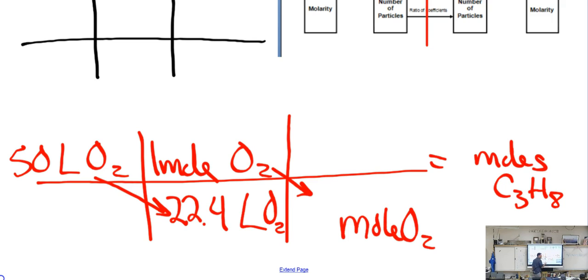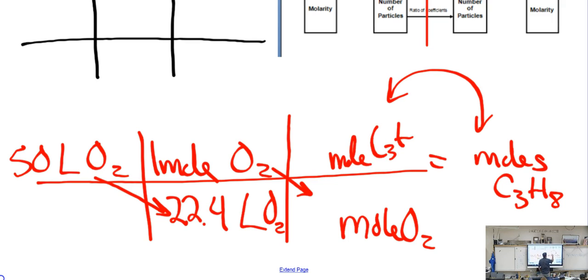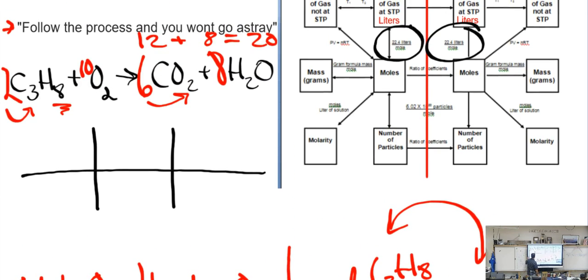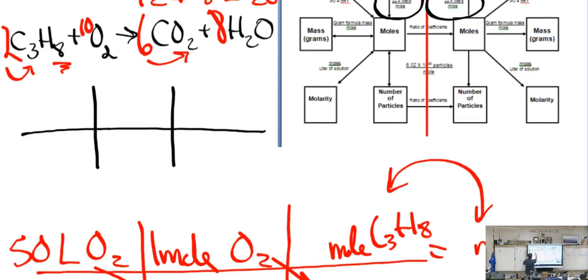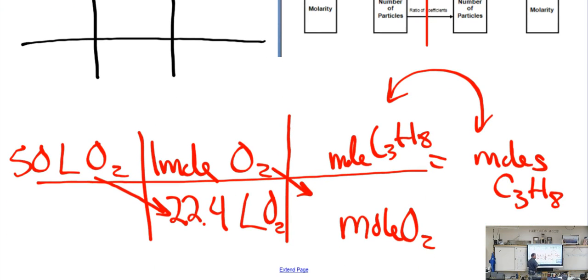Now, we don't know what would go next except for the unit at the end is the unit at the end, mole, C3H8. And then we go to our balanced chemical equation. It's a 2 for the C3. It's a 10 for the O2. So I'm going to reduce that. So it's a 1 to 5 ratio. Are we okay with that? Thank you for being okay with that.